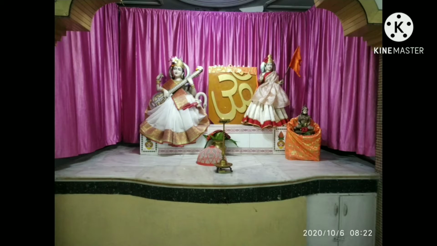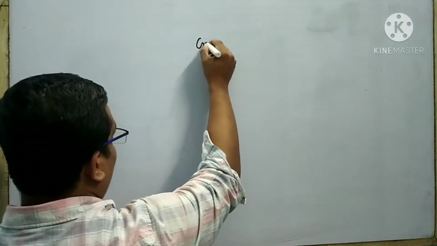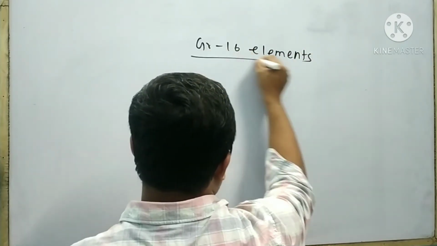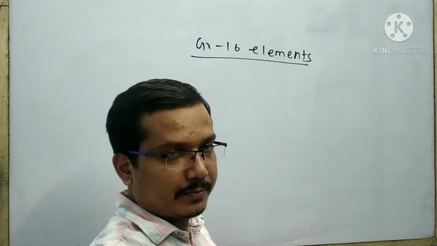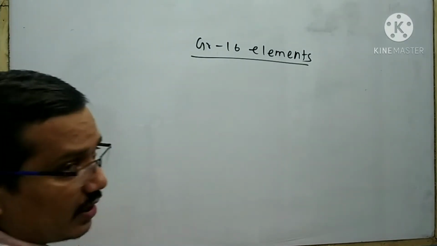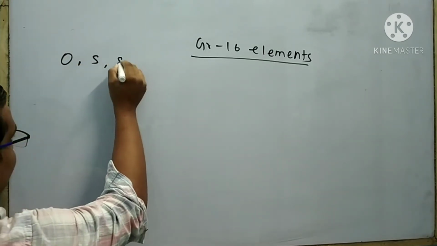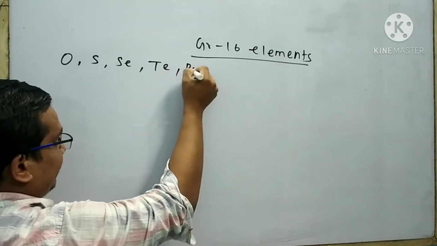Shanti. Swastha. Dear student, now I will discuss a new chapter, that is group 16 elements. Group 16 elements are also called the oxygen family. The elements present in group 16 are oxygen, sulfur, selenium, tellurium, polonium.